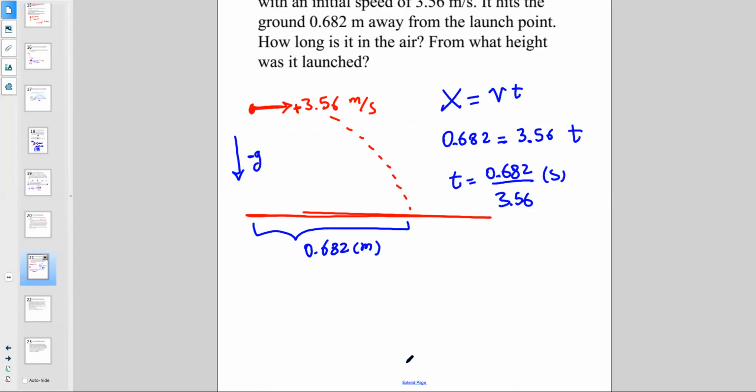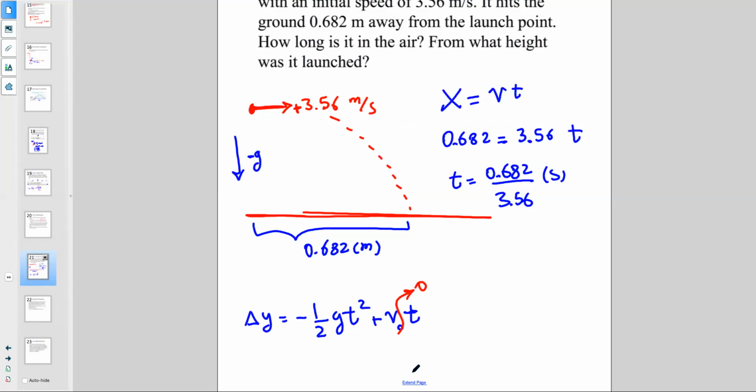I know that along the y direction, we have a motion with constant acceleration. So along the y direction, we have delta y equals negative half g t squared plus v0 t along the y direction. Okay, I know that initially it had no velocity along y.